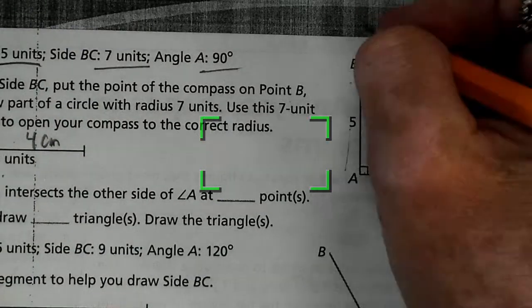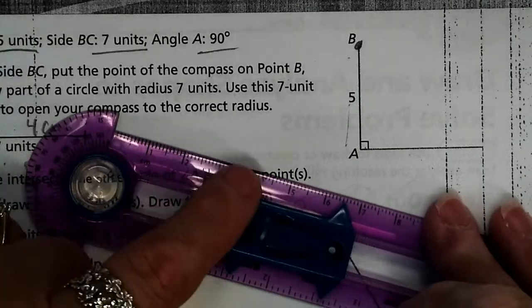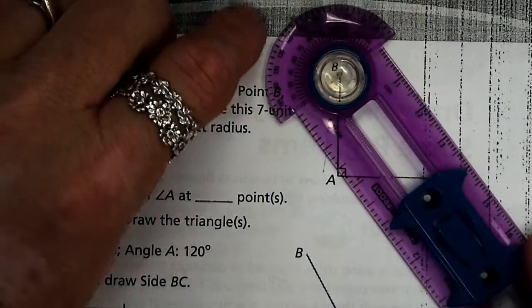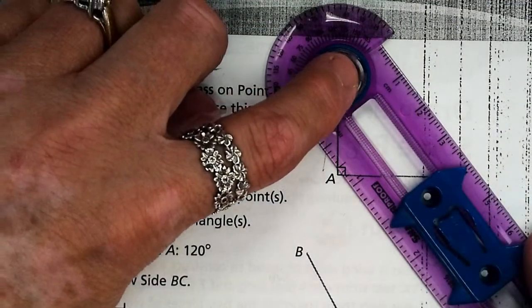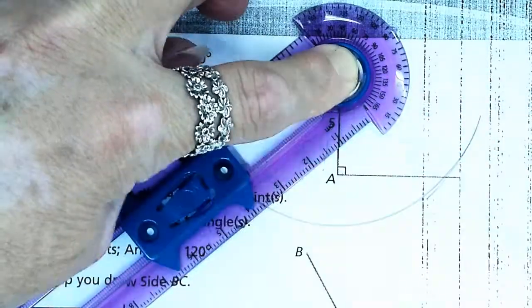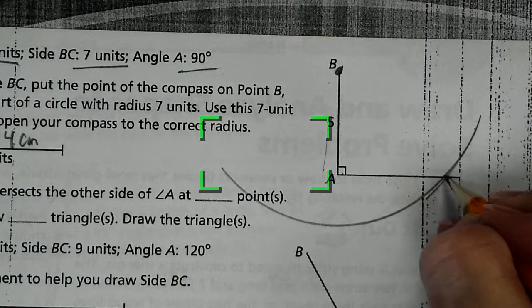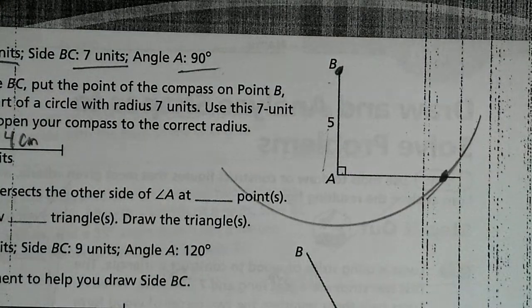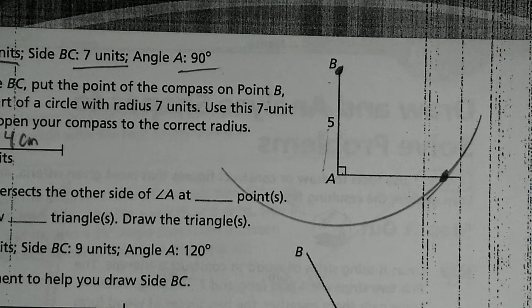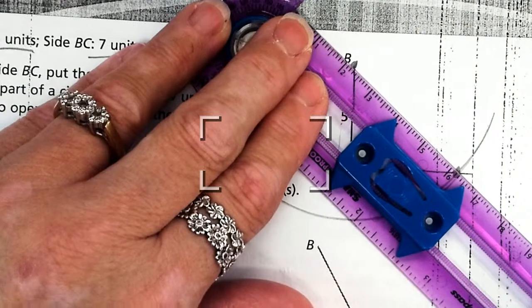Okay, so I'm going to draw a dot here. I'm going to put this at 4 centimeters, and I'm going to draw that arc. Okay, so here's that. Okay, so this one only crosses at one location. So let me connect it.